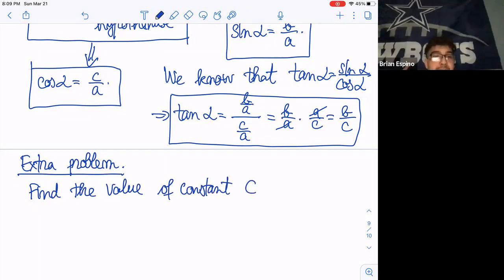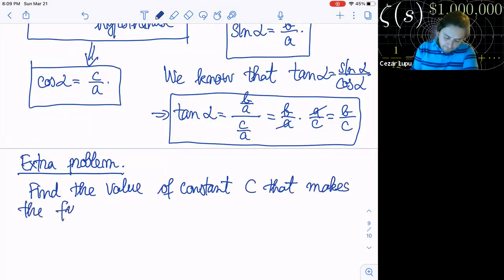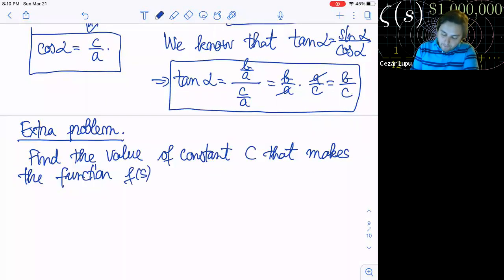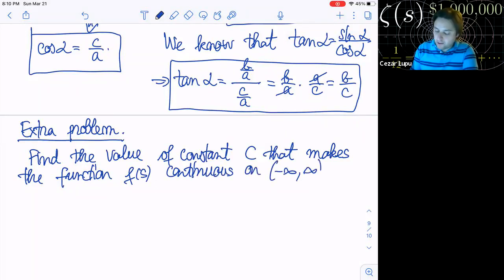Find the value of the constant C that makes the function f of s continuous on negative infinity to infinity. So on the real line. And f of s is given by what?